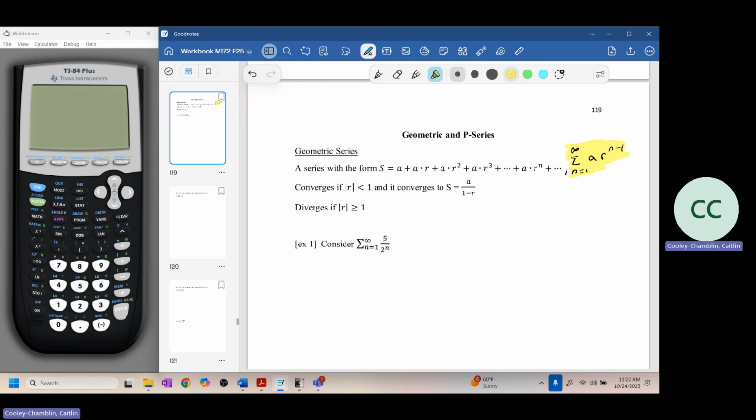Because another form would be the summation of n equaling 1 to infinity of AR to the n minus 1. And it converges if the absolute value of R is less than 1. And we know we can find out what it converges to. And it diverges if the absolute value of R is greater than or equal to 1.